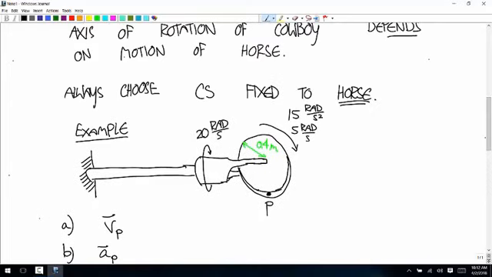Okay, so there are two motions here: spinning around this way and the disc spinning around this way. Which of those two is the horse? The 20, yeah. So this motion is the horse. This one is the cowboy. And so we know that the coordinate system is going to be fixed to the horse, the 20 radians per second motion.